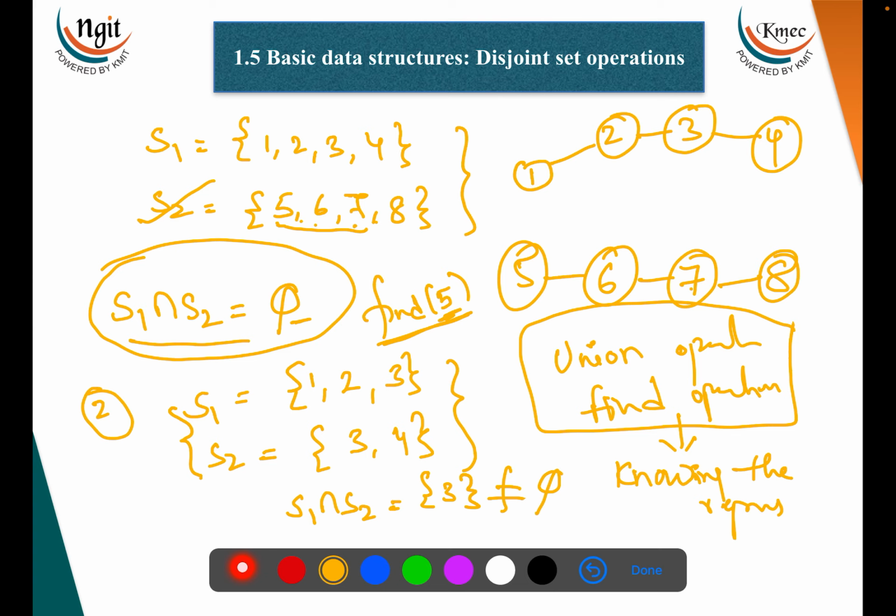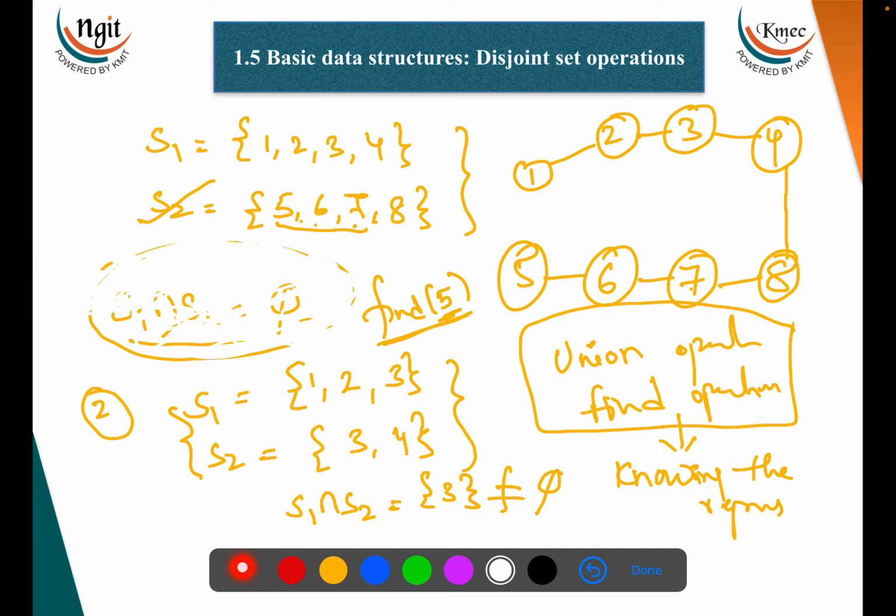Now, when I have two different sets, assume that I have drawn some edge between these two sets. Now it looks like one complete set, correct? So we'll take one complete union operation set. That is what you get when you perform the union operation.